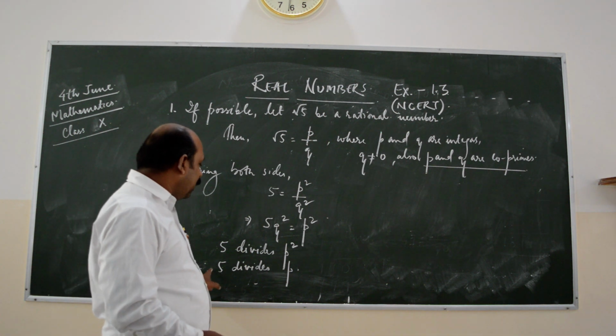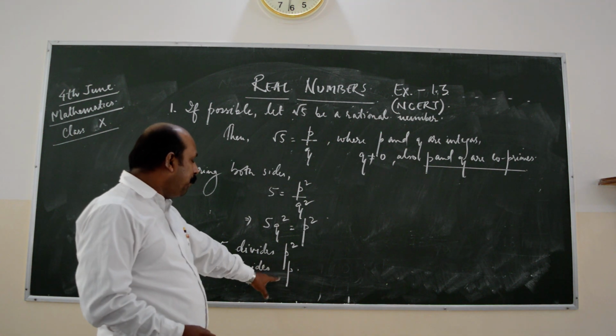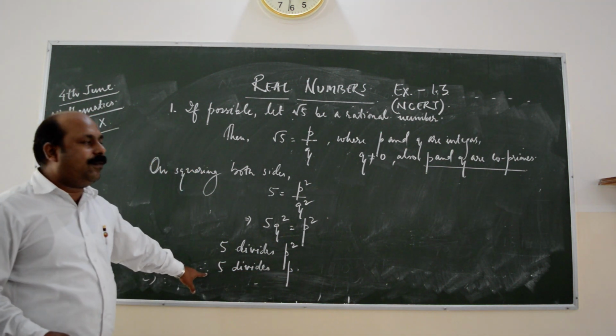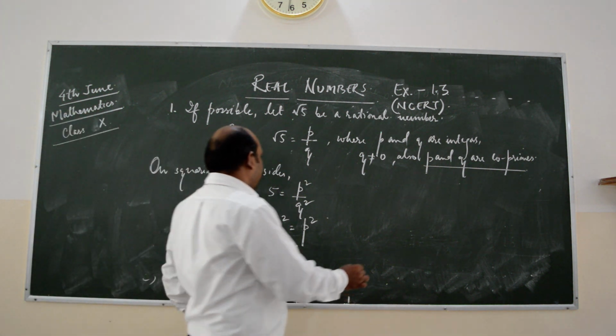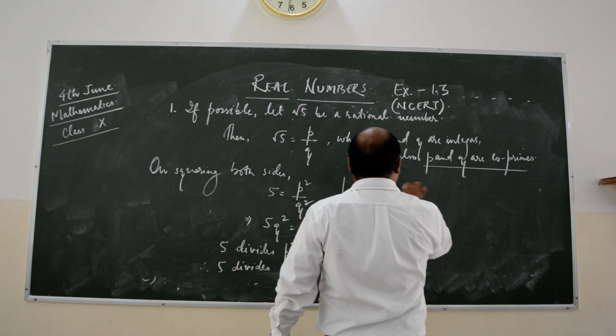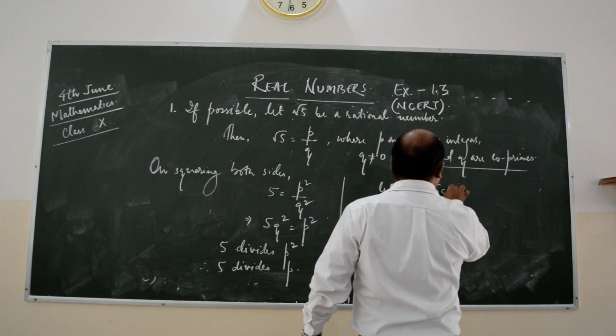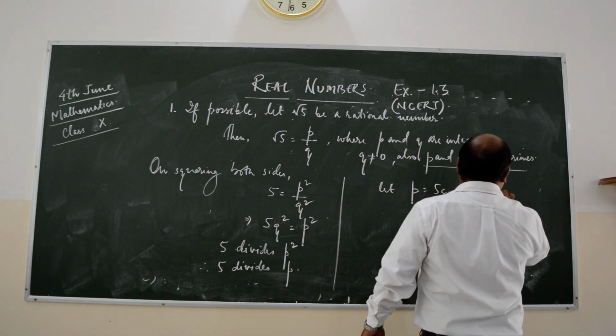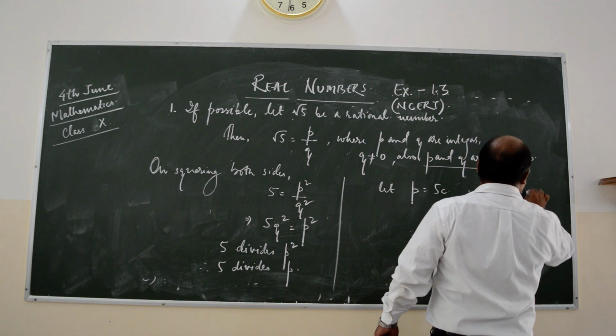If 5 is dividing P, then I can write P as a multiple of 5. So, I am continuing it here. Let P is equal to 5C, where C is an integer.